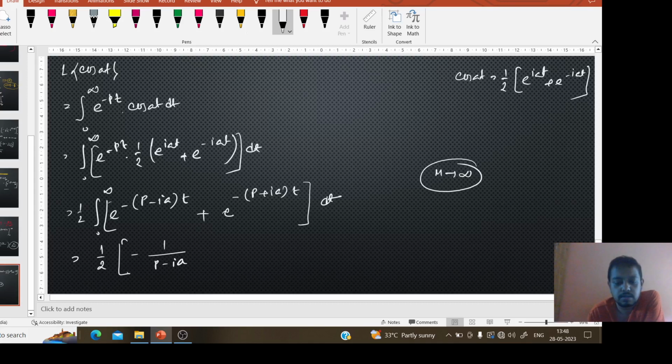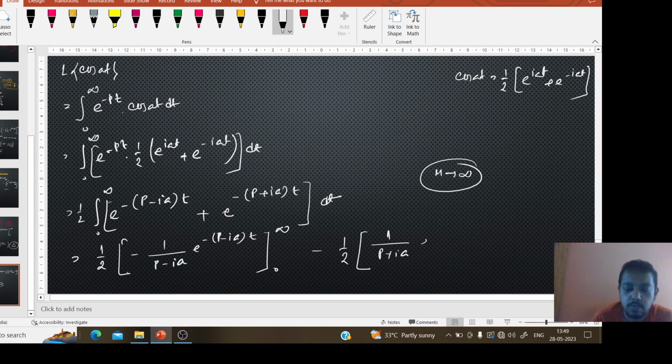I can do it now very clearly, that is minus 1 by (p minus ia) e to the power minus (p minus ia)t from 0 to infinity, minus half of the integral from 0 to infinity, and take it that both tend to 0 as t tends to infinity.